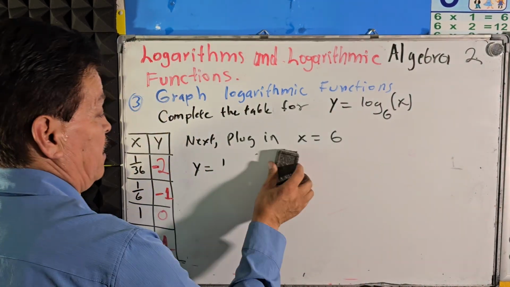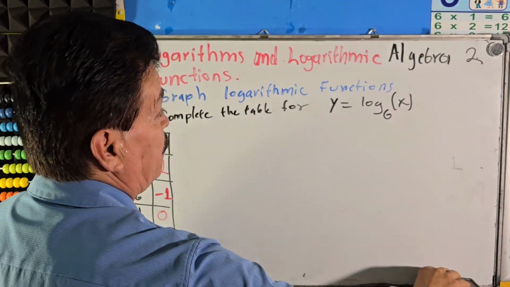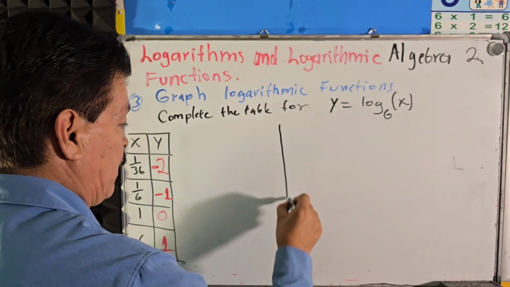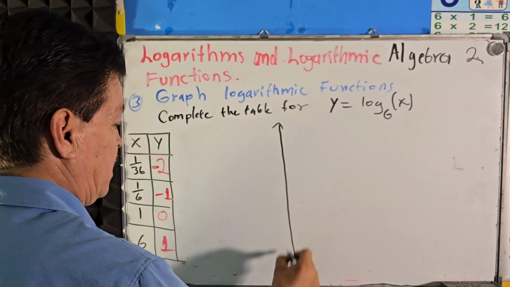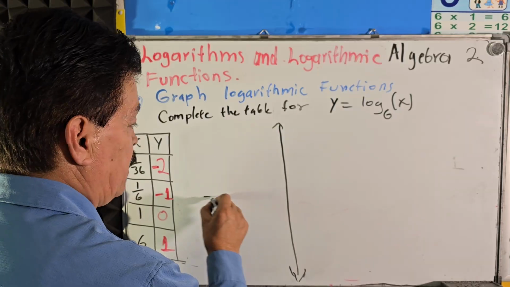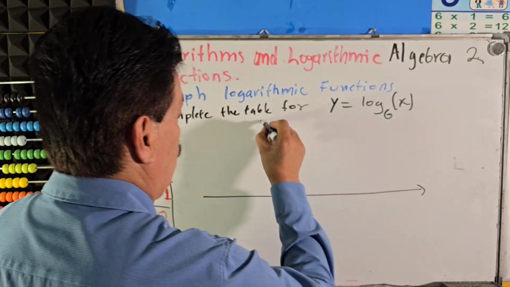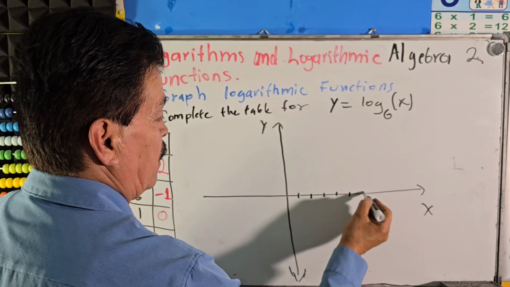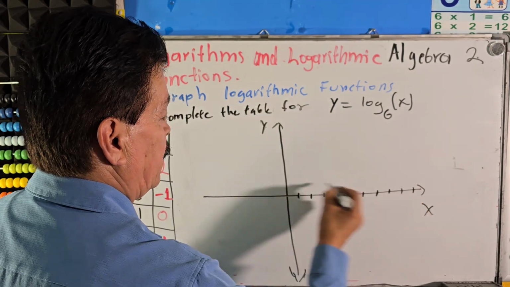Very specific. So, graph the logarithmic function. We have this graph right here. Let me see how our graph looks. This is y. This is x. 2, 3, 4, 5, 6, 7, 8, 9, 10.